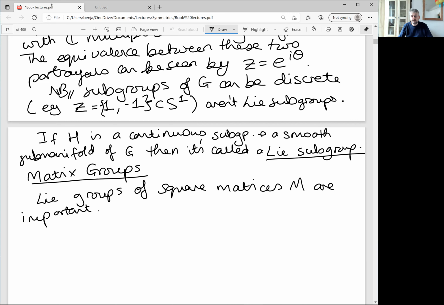So here the group operation is matrix multiplication, and the inverse group operation is the matrix inverse.